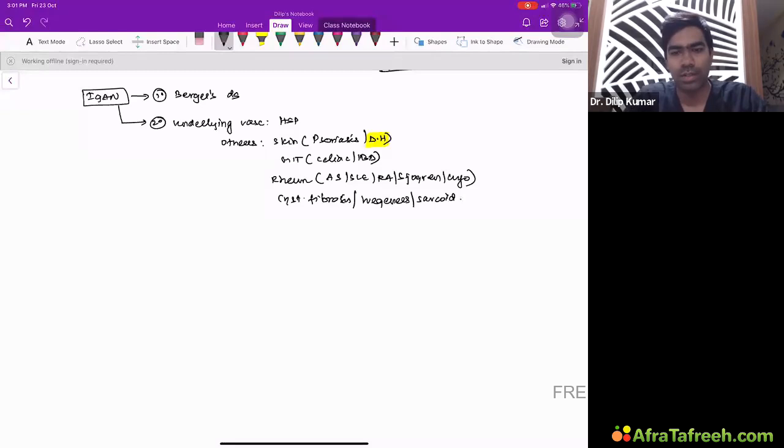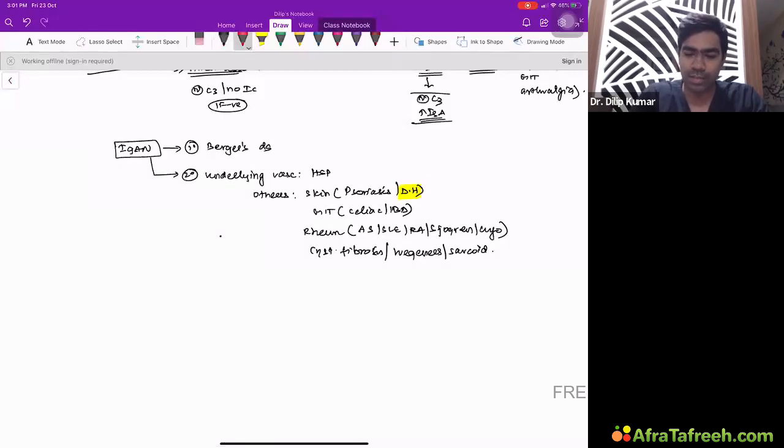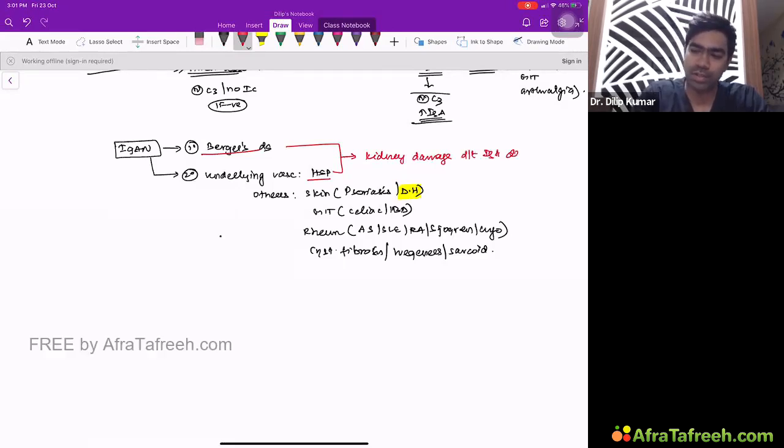So these are some of the examples, but please understand the fact that only in these two conditions, that is Berger disease and Henoch-Schönlein purpura, they are going to have kidney damage due to IgA deposits. So only in these two conditions, they will be having kidney damage due to IgA deposits.